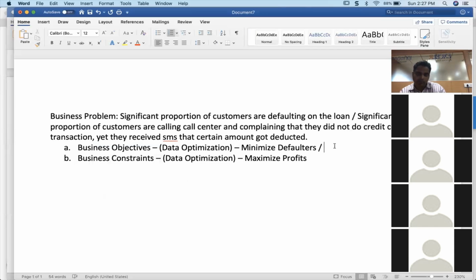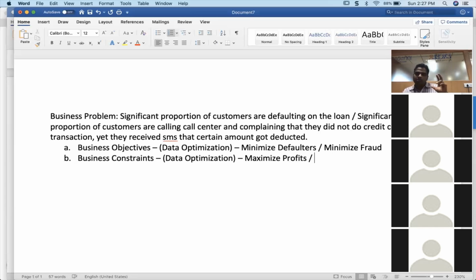Like minimize defaulters, what do you want to do? Are you all there? Are you able to hear me? Yes, Bharani, very good. So you say, let me minimize the fraud which is happening. That is what you would do, minimize the fraud.